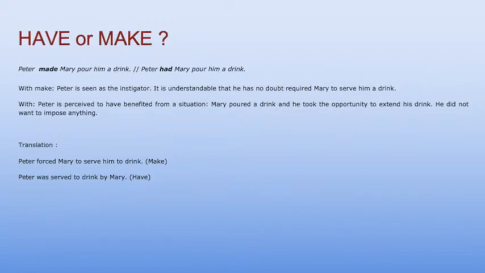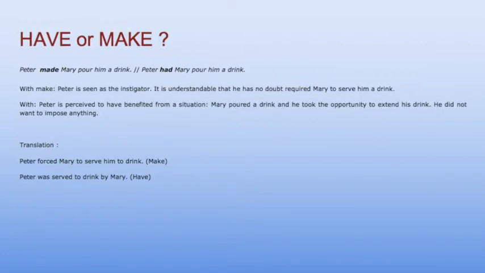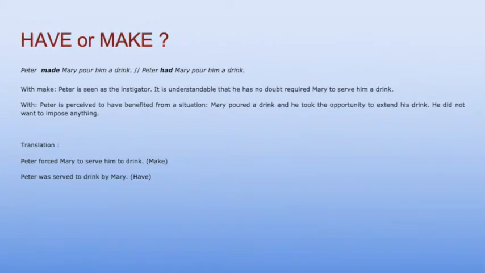Mary poured him a drink, and he took the opportunity to extend his drink. He did not want to impose anything. So, to put it in a nutshell, if we look at the translation, with make, Peter forced Mary to serve him a drink. With have, Peter was served a drink by Mary.